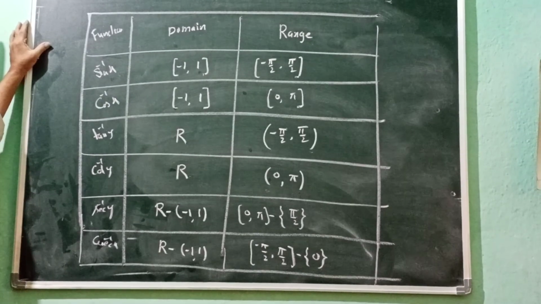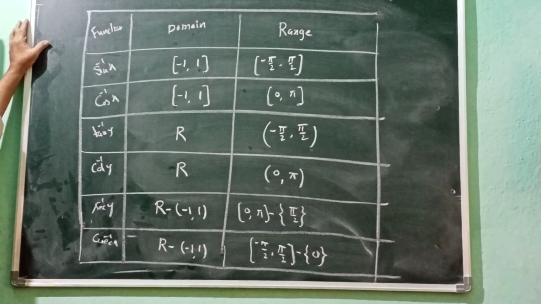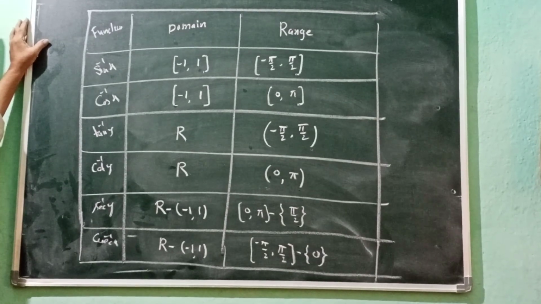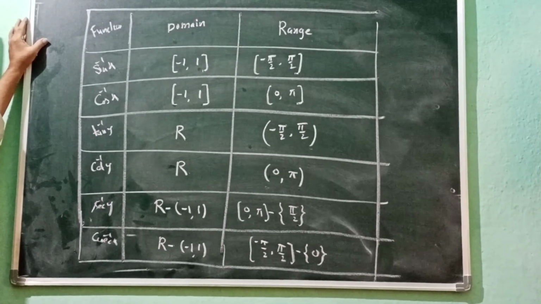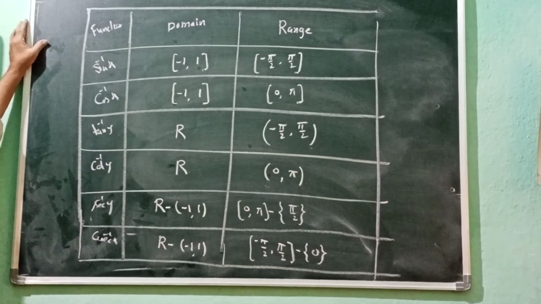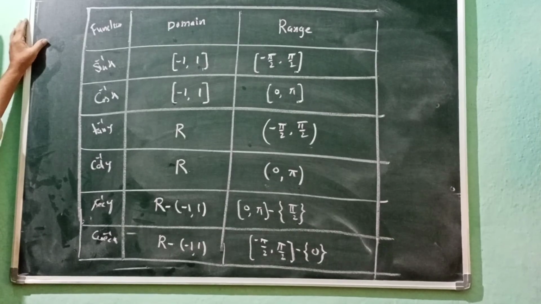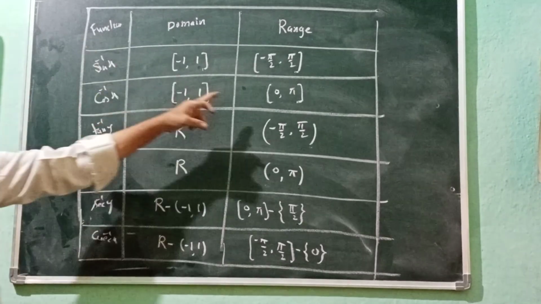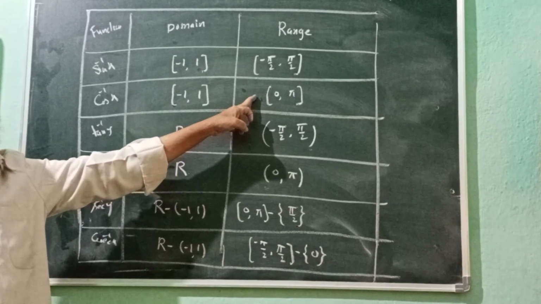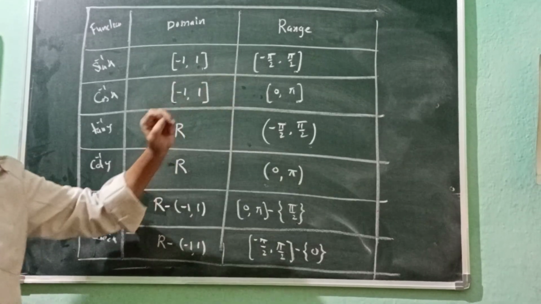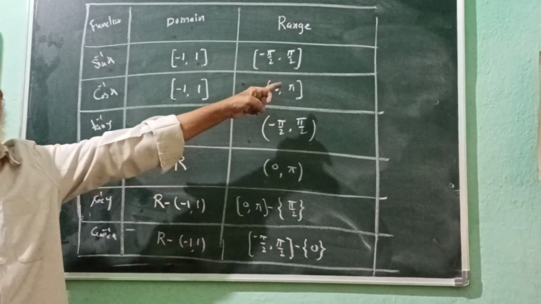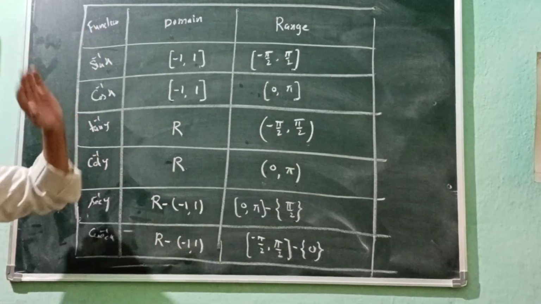Similarly the range, also called the principal value, is from minus pi by 2 to plus pi by 2, which is also a closed interval. Similarly cos inverse has domain minus 1 to 1 and range 0 to pi. By looking at this you can understand that the answer of the cos inverse cannot be negative, because its principal value starts from 0 and goes up to 180 degrees.